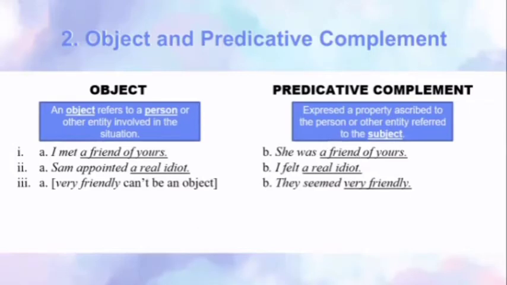A friend of yours gives the property of the person referred to as she. And it is just the same for the second example. I felt a real idiot. A real idiot doesn't refer to a separate person but describes the subject feel, that is I.